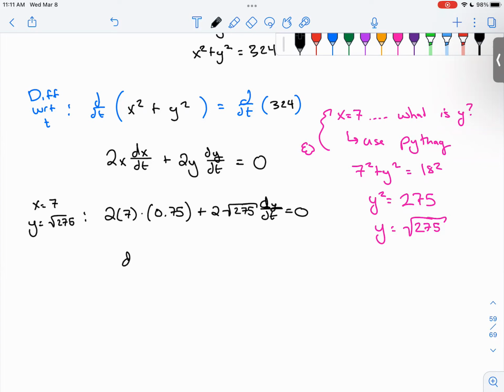That is to say that dy/dt is equal to negative 2 times 7 times 0.75 divided by 2 times the square root of 275, which is approximately, 7 times 0.075, divided by the square root of 275. You should get roughly, that doesn't seem right. Seems like too small of a number.